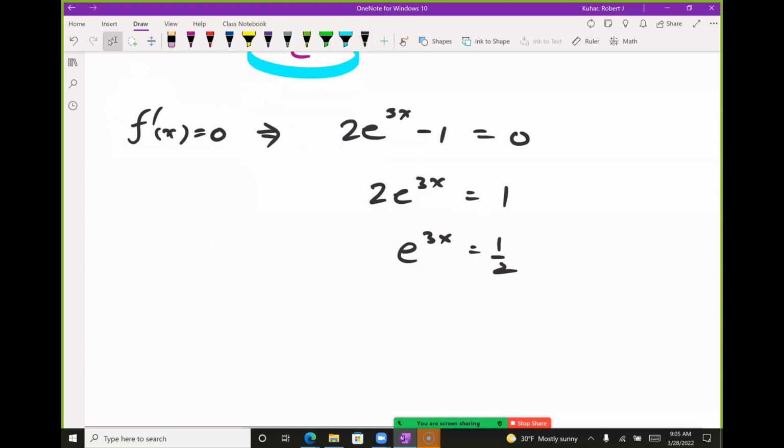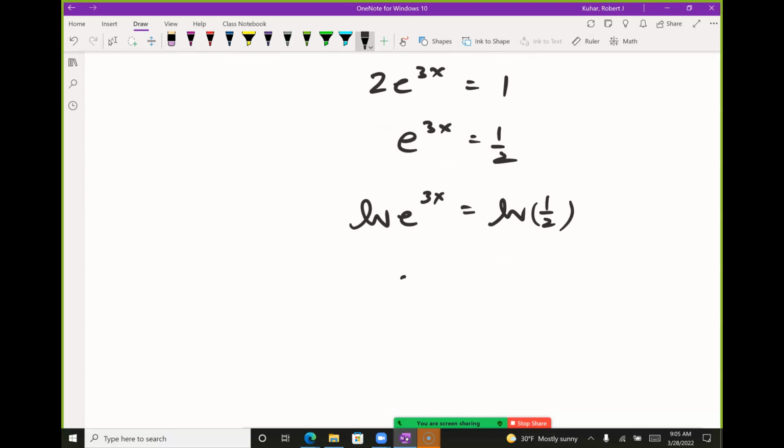I'm going to take the ln of both sides, so 3x equals the ln of 1/2, or x equals 1/3 ln of 1/2. And there's my critical value.